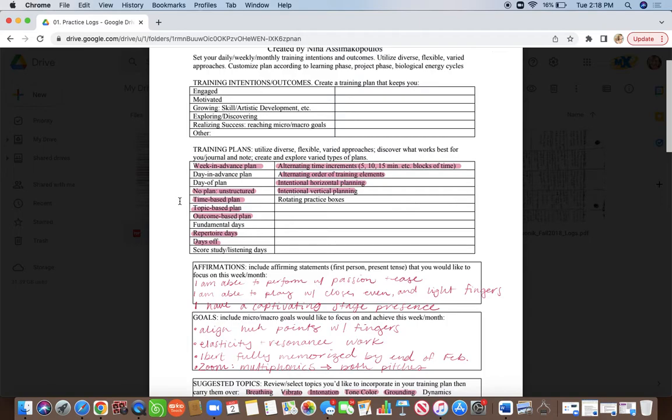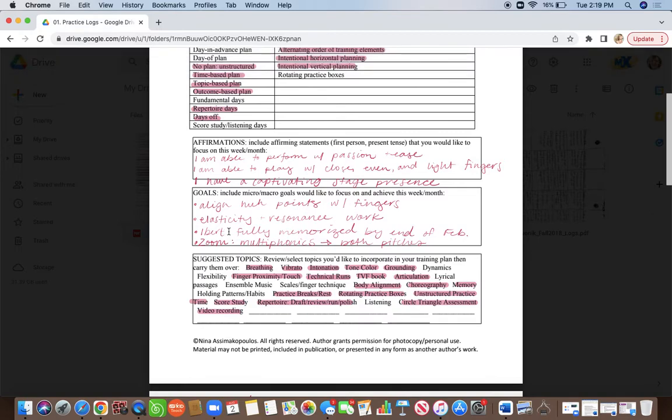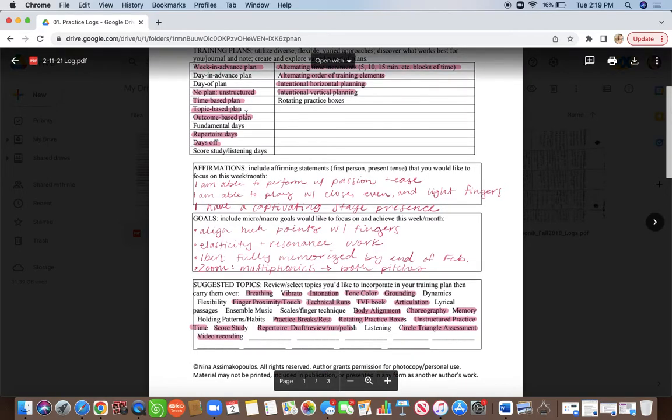I was working on eBear, so I'm going to work on memorizing eBear for 10 minutes today. But then maybe the next day, my outcome was I'm not going to move on until I have this section of eBear memorized. And then a topic-based plan could be I'm focusing on articulation on these three pieces.